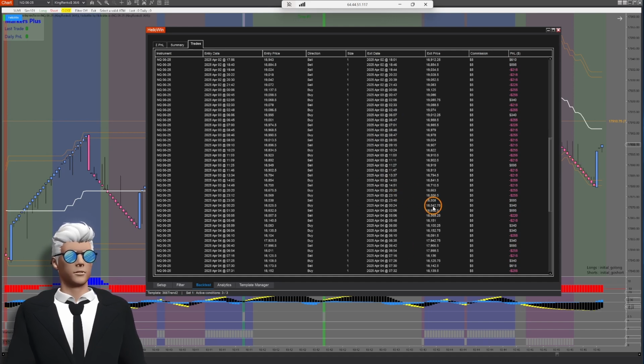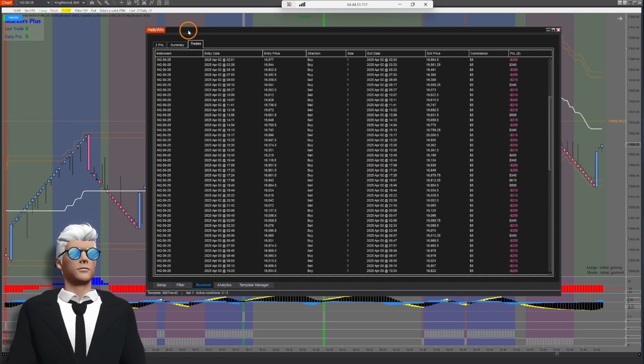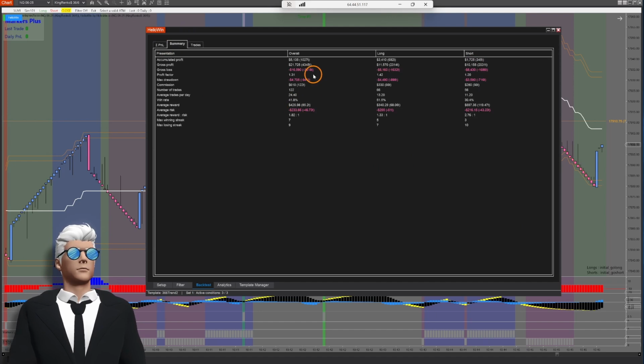So pick a different set of days. And what you want to see is pretty consistent results with your initial result over a period of time, as much time as you can muster or have the data for.